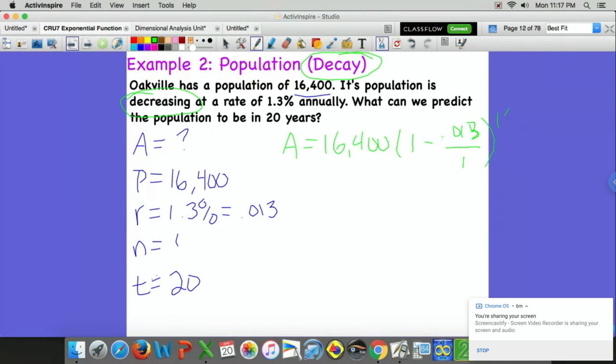So then we have 1 parentheses 20. So this is the key for the decay here. We got to make sure that we are subtracting when it is talking about a decreasing rate. So we've got to have a minus inside that parentheses.